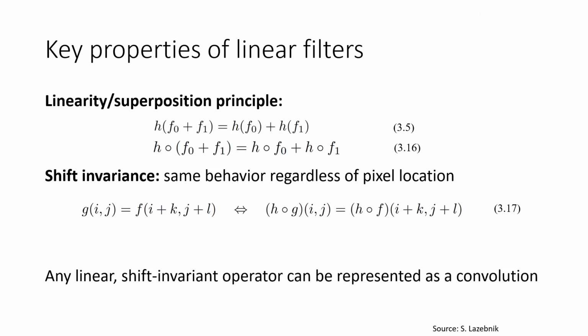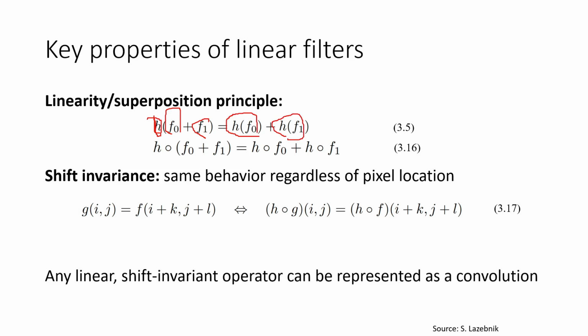Okay, so linear filters have some properties, linearity, also called the superposition principle. It means if you have two images, f1 and f2, and you combine them together and apply a filter, the result will be the same as applying the filter on the two images separately and combining them.